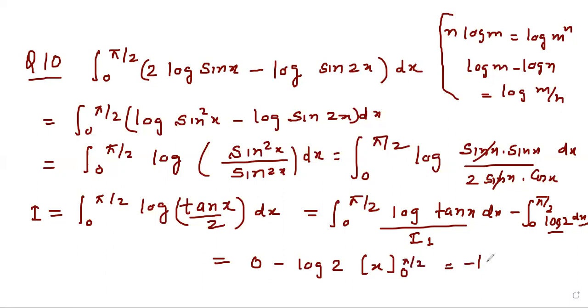So this will be minus log 2 times pi by 2. So let's prove this term first. Our answer will be this, but we have to check whether this is 0 or not.